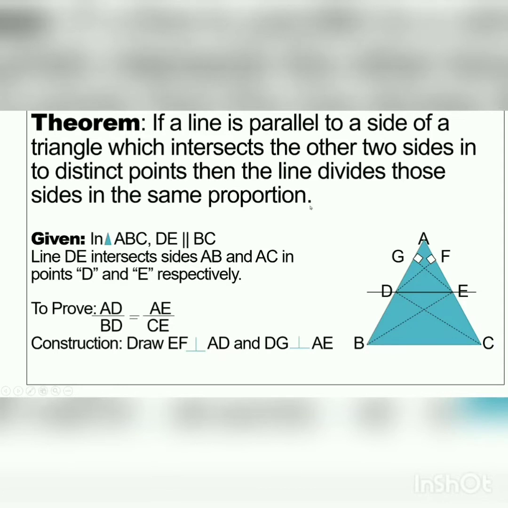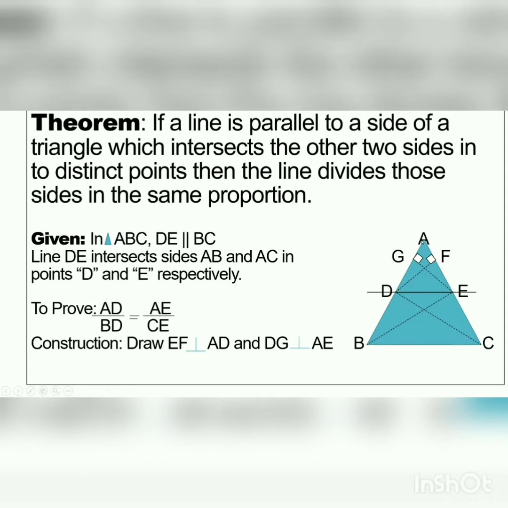From this given theorem, first you have to draw a diagram. If a line is parallel to a side of a triangle, it means you have to draw a triangle, then a line parallel to any one side of the given triangle. So I have already drawn here triangle ABC and line DE, which you can see is parallel to BC.